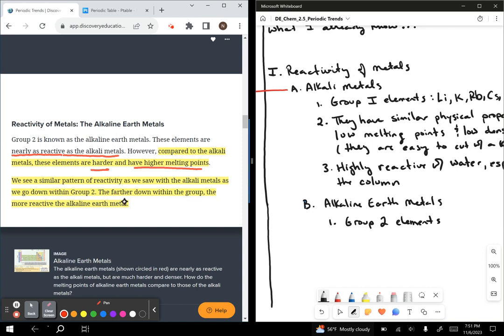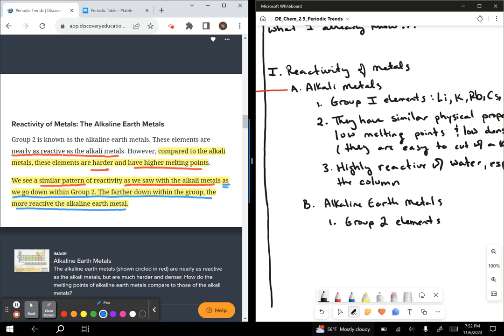The further down within the group, the more reactive. Those patterns were that as we go down, they become more reactive.